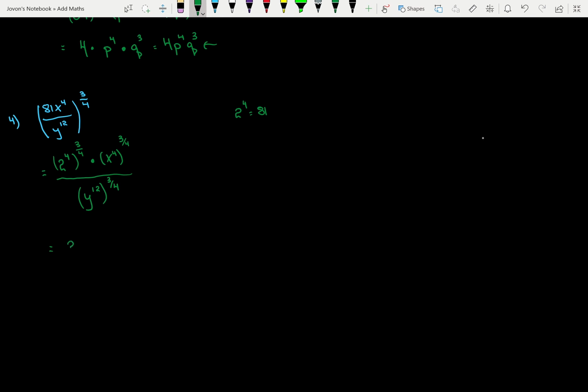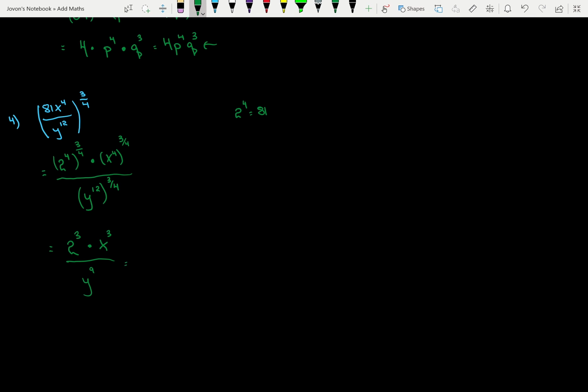So it becomes 3 to the power of 4 multiplied by 3/4, which is 3 to the power of 3, multiplied by x to the 4 multiplied by 3/4, which is x to the 3, all over y. If we multiply this, it becomes y to the power of 9.